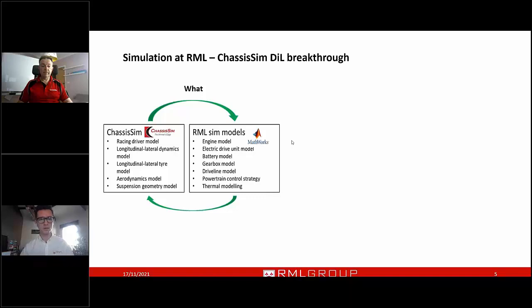So if we look schematically at what we were trying to achieve, on the left-hand side you have the ChassisSim area of expertise, if you will.